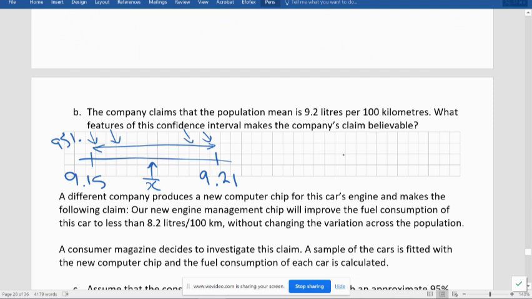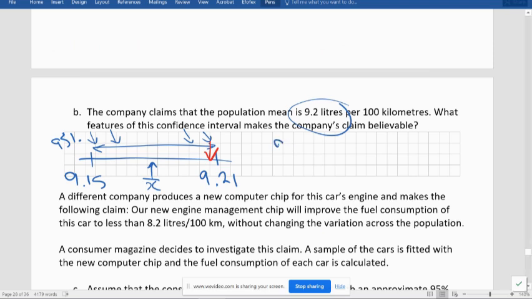Now they're claiming that their fuel consumption is on average 9.2 litres. So let's have a look where that is. 9.2 litres is here. So it could be true, couldn't it? The company claims that the population mean is 9.2 litres. What features of this confidence interval make this company's claim believable?